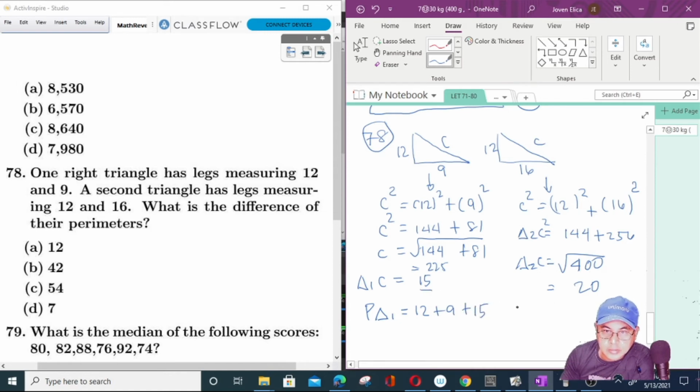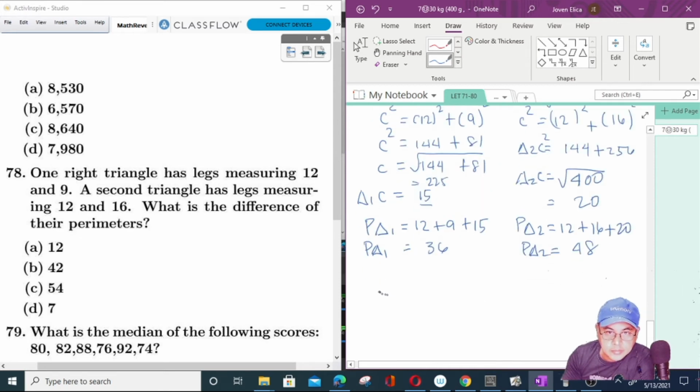And the perimeter of triangle number 2 is 12 plus 16 plus 20. So it has a total of 36. This is 36. And the perimeter of triangle 2 is equal to 48.